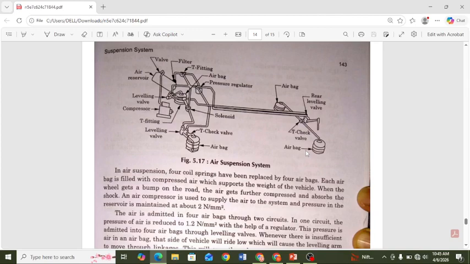This solenoid is helpful for the T check valve, which is connected to the T fitting and the leveling valve to control the level of the airbags. The air comes from the air reservoir or air compressor with the help of the controlling leveling valve.